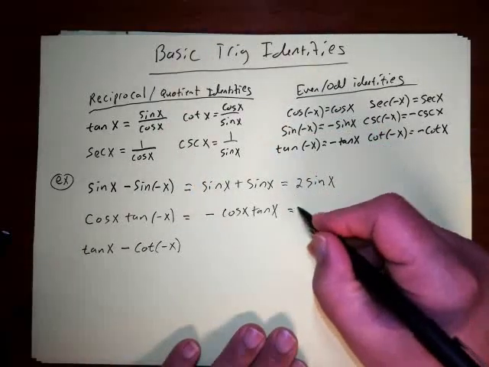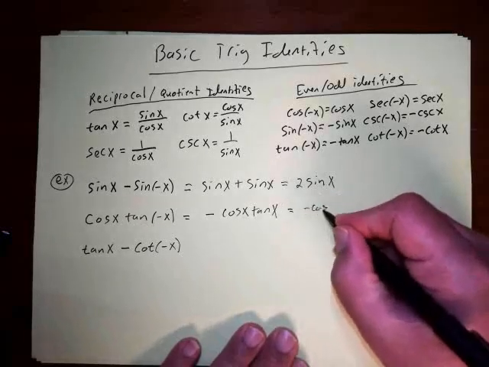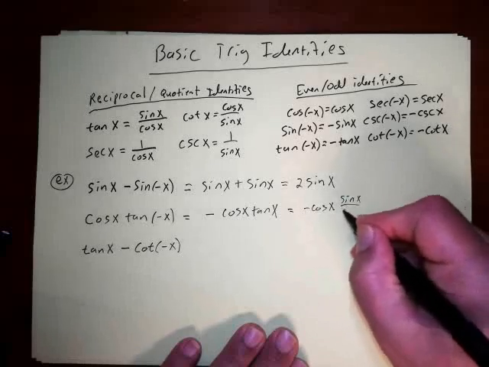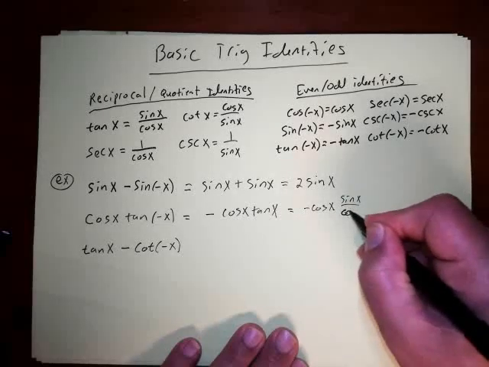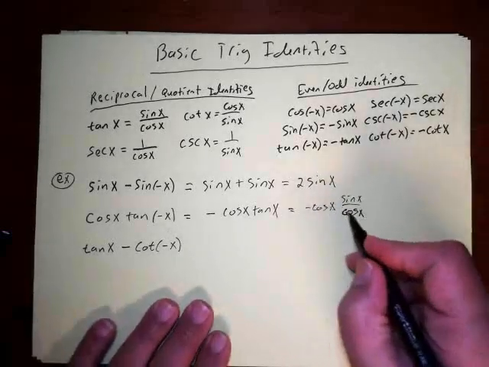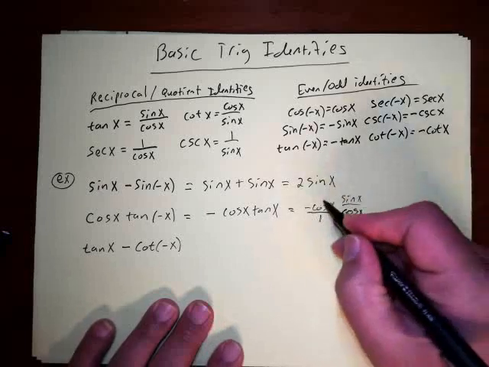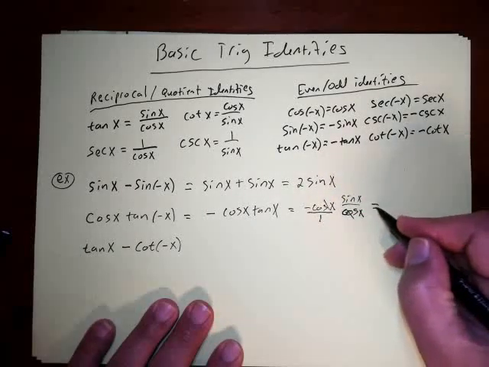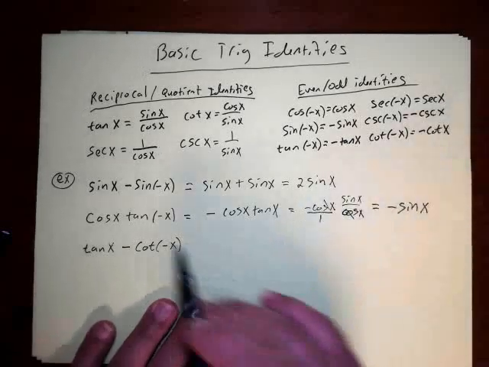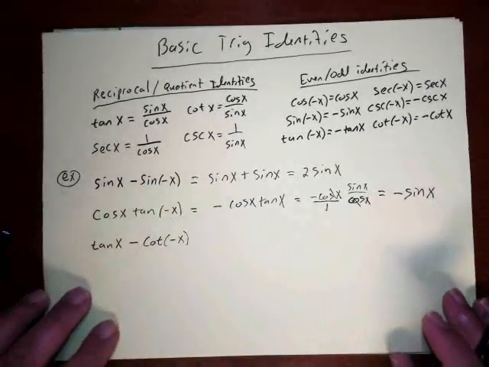And so I could rewrite this negative cosine x times sine x over cosine x. And basically then these are going to cancel out, because this is like negative cosine x over 1. These will cancel out, and that just gives me the opposite of the sine of x. So again, that simplifies down quite nicely.